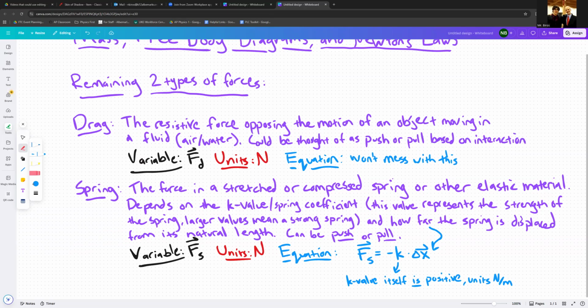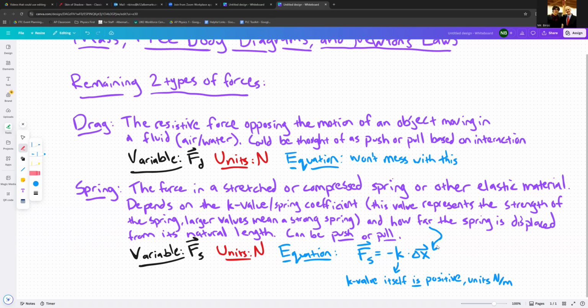Meaning, if you compress your spring to the right, positive delta x, the spring force will push back to the left, negative spring force with a positive delta x. If you stretch out your spring to the left with a negative delta x, for example, then you'll get a positive spring force pulling back to the right, which makes a ton of sense with springs because whichever direction you compress them or stretch them, they're going to push or pull back the other way.